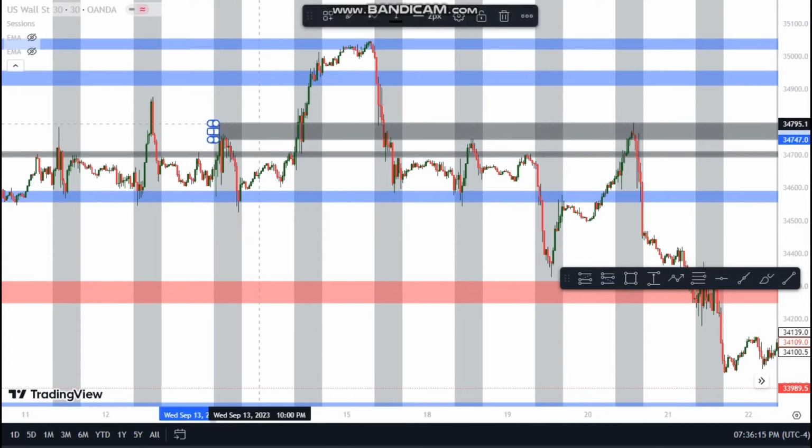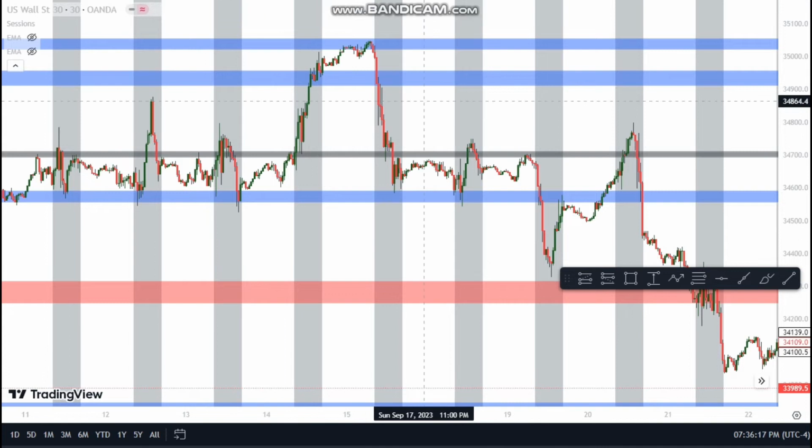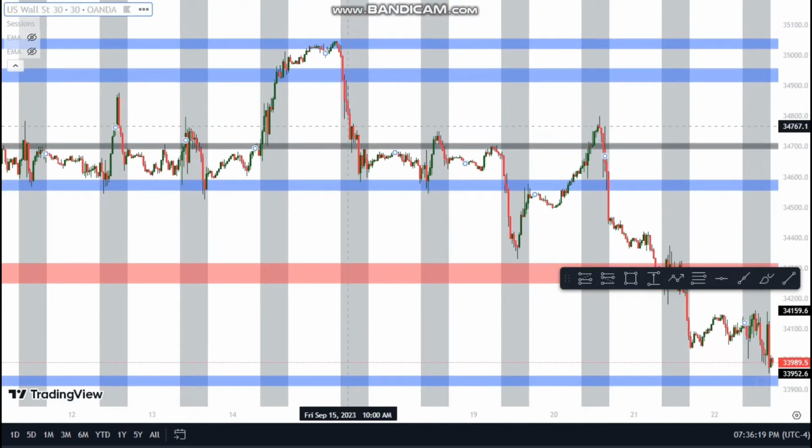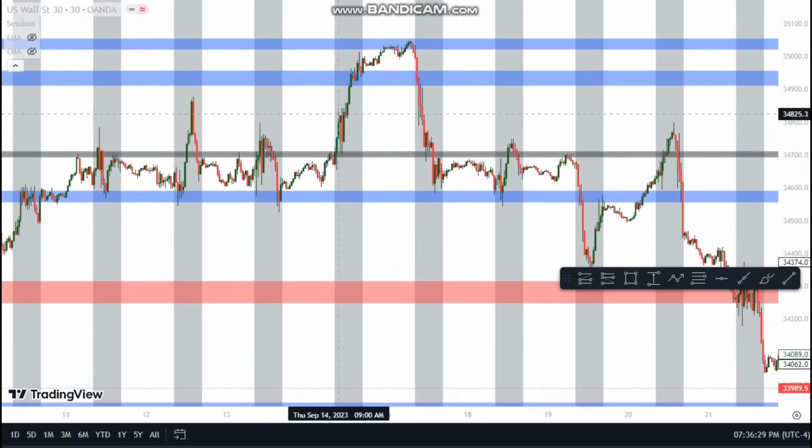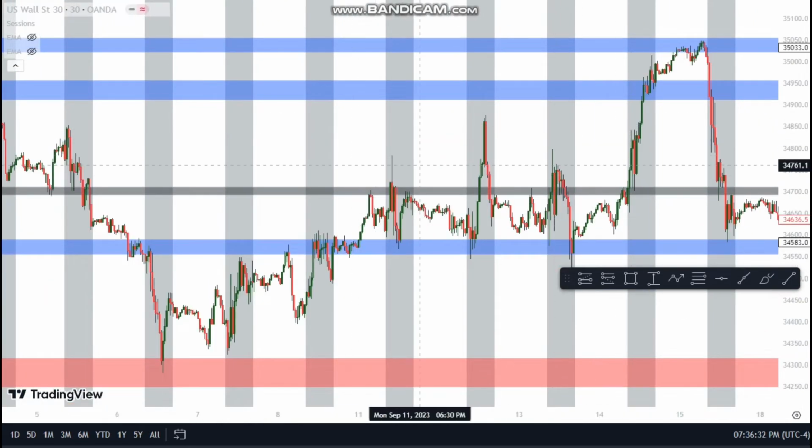You can see what this secret bank level can help you to do. It can help you to enter trades in a range, in between this. Once the market has left you, you can easily jump into those trades once you have your secret bank levels plotted from the previous weeks or the last 2 weeks.